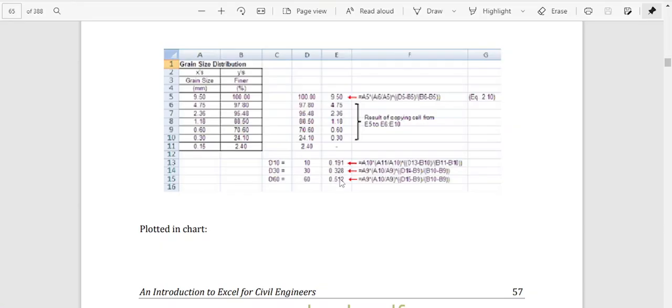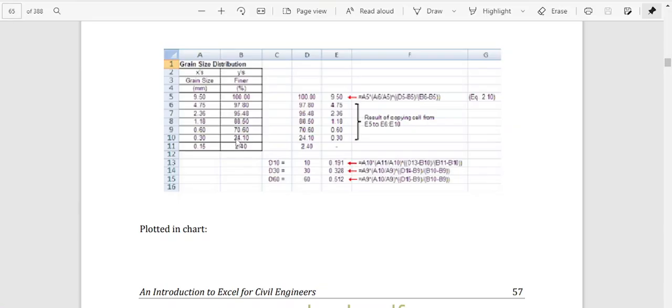So now if we look at this place, we see that A10 is here. Remember, we are looking for D10, and D10 falls between 2 and 24, and we don't know the value of that D10.